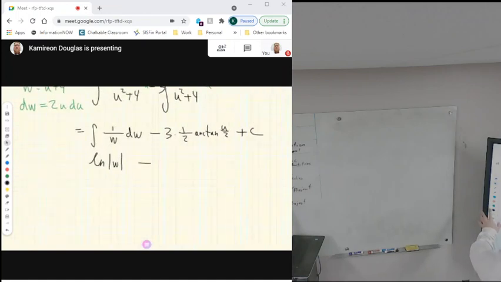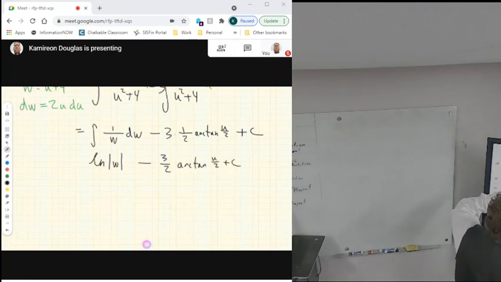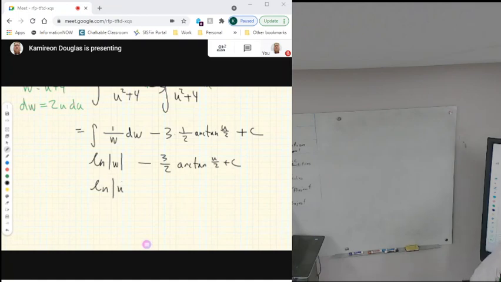This becomes negative 3 halves arctan of u over 2 plus c. W, as we just said, is u squared plus 4, so this becomes the natural log absolute value of u squared plus 4 minus 3 over 2 arctan of u over 2 plus c.